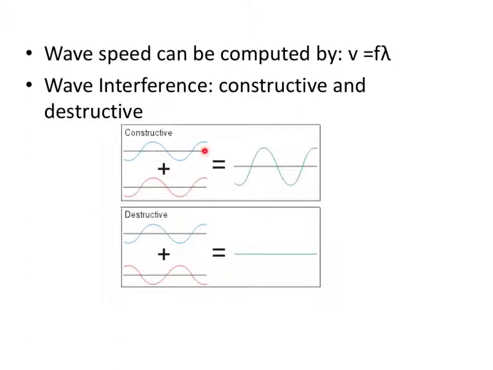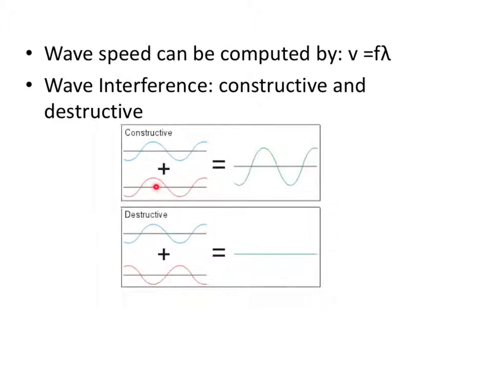All of the amplitudes would add up together, and you would end up with a green wave that's actually bigger. The amplitude is bigger than either of the two.